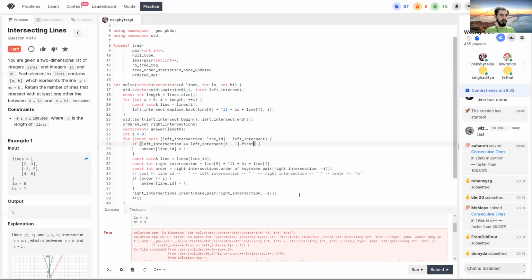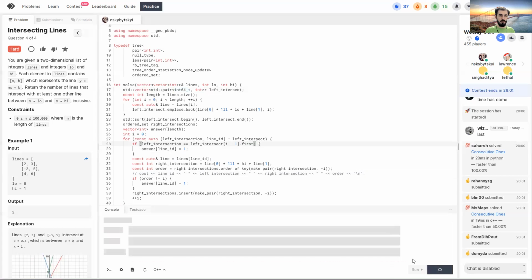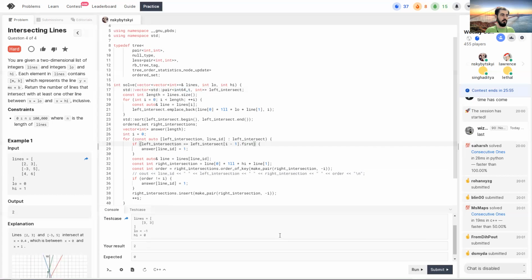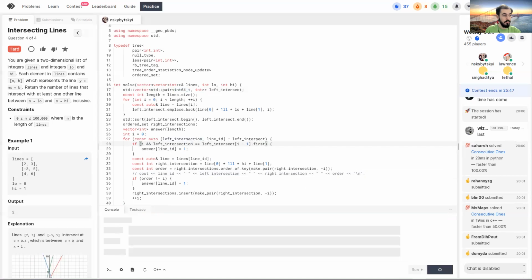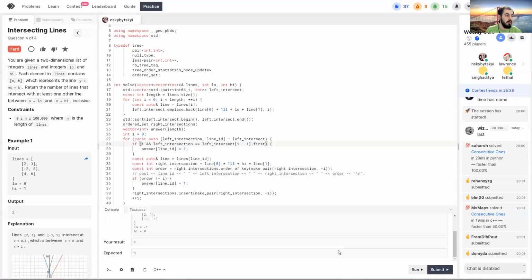Oh, okay, because we are not comparing to first element. I believe this is terrible. This was supposed to be a different problem. Counting intersections is much more interesting. What's going on now?